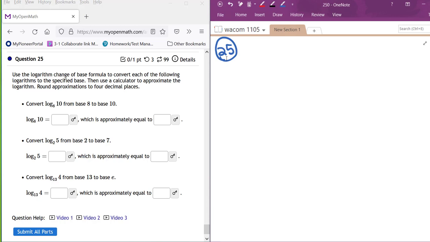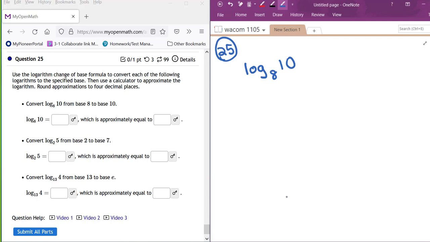All right, so we're going to convert. I don't usually memorize the formula that is given because it puts so many letters on it, it's hard to remember, right? These questions, they don't all go to base 10 or base E. The first one does.